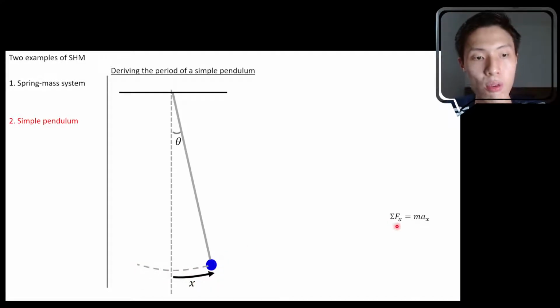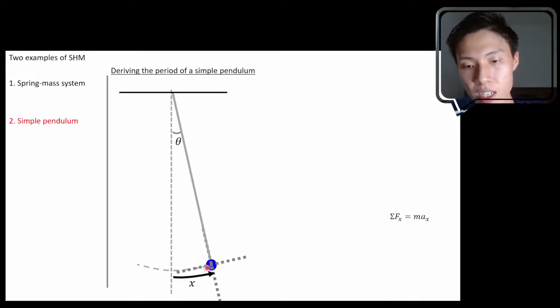Therefore, we are interested in the forces acting in this x dimension, the forces acting parallel or tangential to this arc. At this point, we want the force acting tangential to the arc.